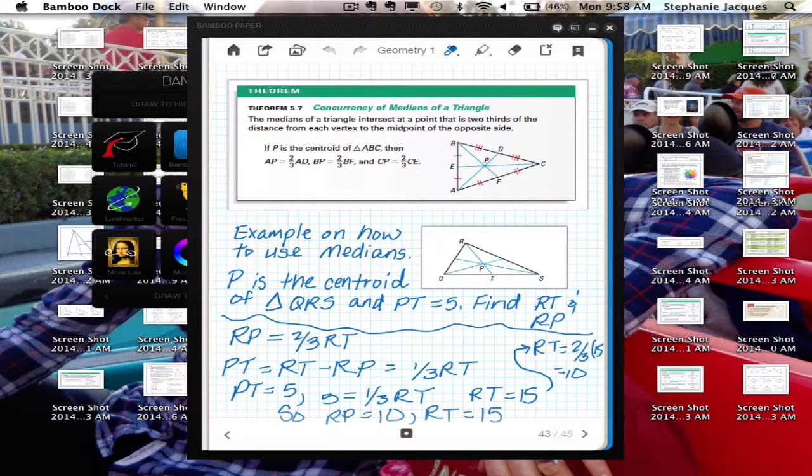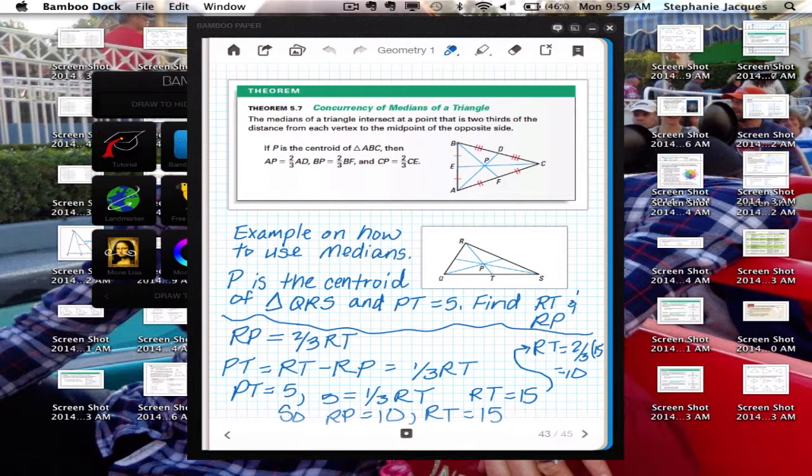So there is a theorem for this, 5.7, congruency of medians of a triangle. The medians of a triangle intersect at a point, which is P, that is 2/3 of the distance from each vertex to the midpoint of the opposite side. So if P is the centroid of triangle ABC here, then AP is 2/3 of that whole line AD.